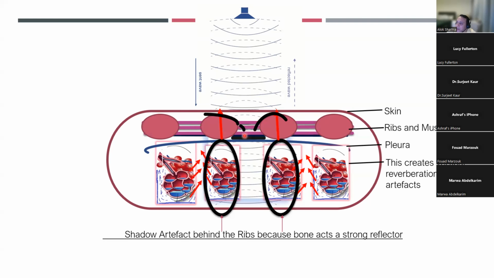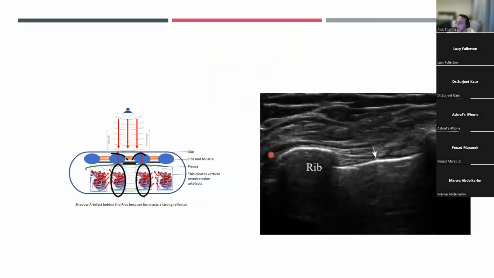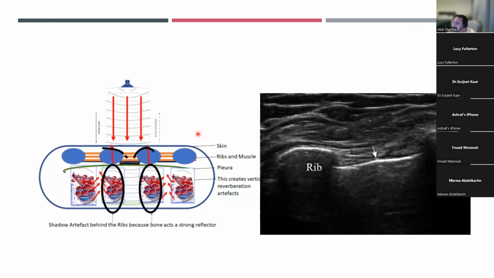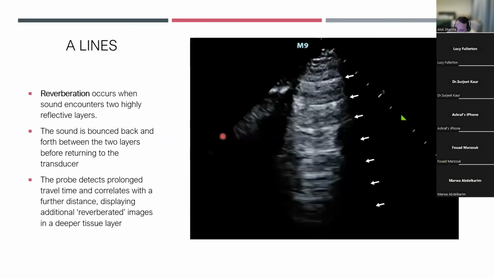So that's your batwing sign for you. Rib, acoustic shadow, and then bright pleura. And this is the way it looks. Rib, acoustic shadow, pleura. So somebody has decided that this is what you call the batwing sign. And this is how it's generated. It's basically because the ribs tend to reflect back.